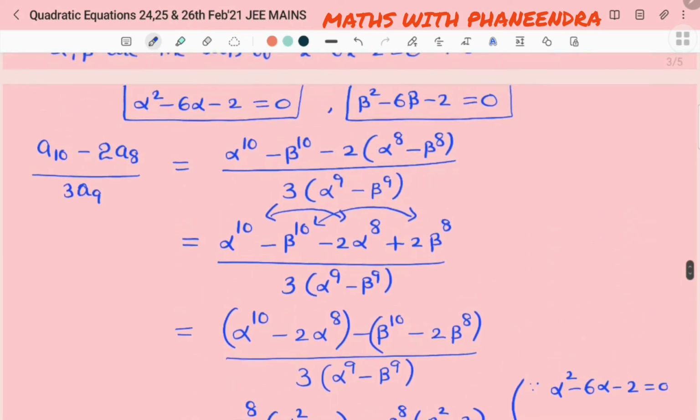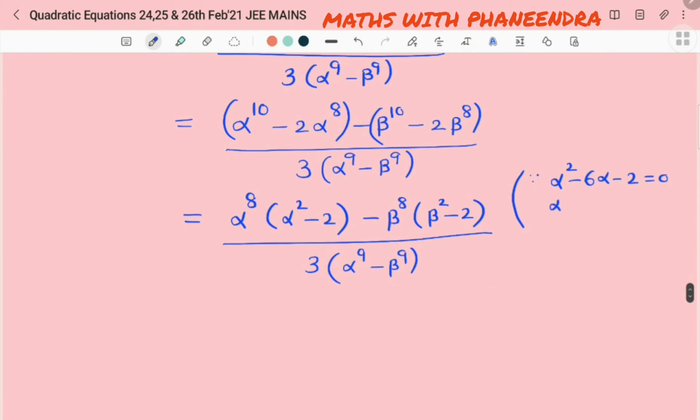But I want alpha square minus 2, so from here we make it the subject. It will become 6 alpha. Similarly, from beta square minus 6 beta minus 2 equal to 0, beta square minus 2 is equal to 6 beta. So in place of alpha square minus 2 and beta square minus 2, you have to replace with these values.